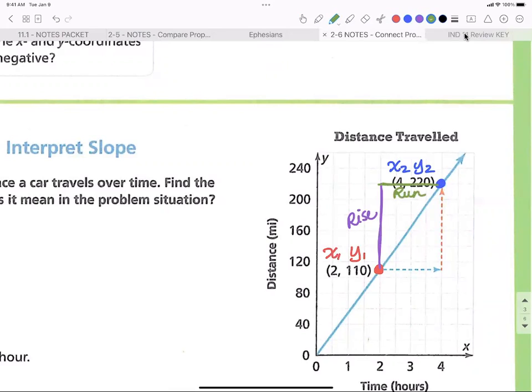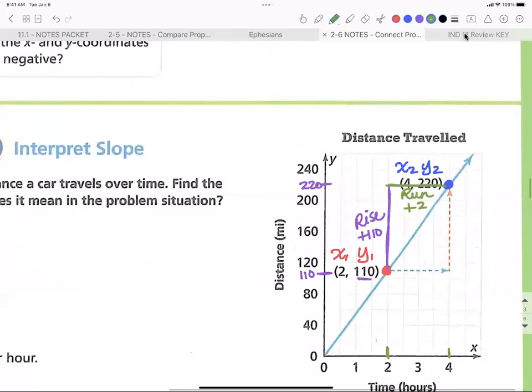You can look and see that you rose from 110, right? And they tell you it's 110 right here. You rose from 110 up to 220. Well, if you rise from 110 up to 220, that is a rise of plus 110. Okay. Your run goes from 2 to 4, or a plus 2. And so if you write that as a slope, it's your rise over your run.